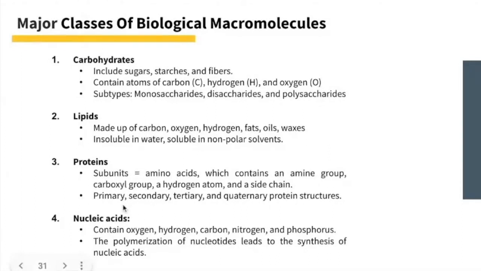And in terms of structure, proteins have primary, secondary, tertiary, and quaternary structure. And nucleic acid, which we will not cover in this course, but you need to know that it contains oxygen, hydrogen, carbon, nitrogen, and phosphorus. Okay, the polymerization of nucleotides leads to the synthesis of nucleic acid.